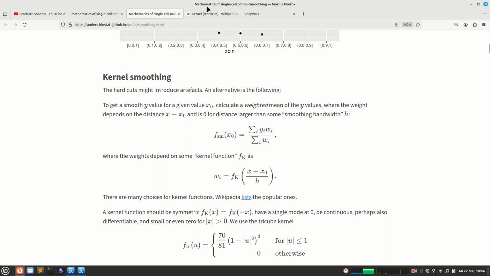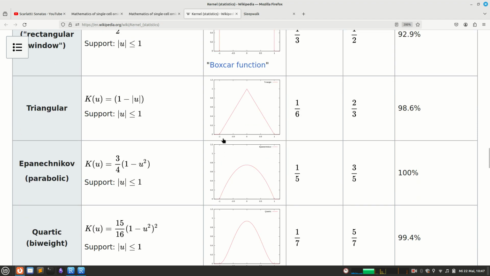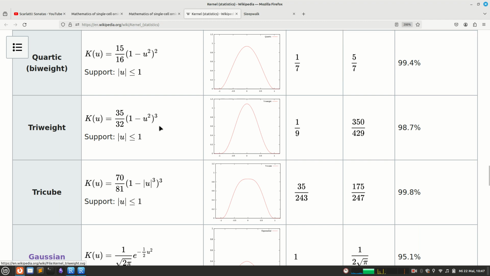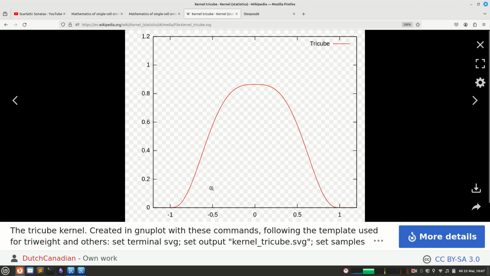But you might want to put more weight on the stuff in the middle in order to get smoother transitions, because otherwise, once your average just goes over a new data point, you get a step. And in order to not get a step, you want your weight to smoothly increase. And a popular kernel is this one here, the tricube kernel. As you can see, it has a couple of nice properties.